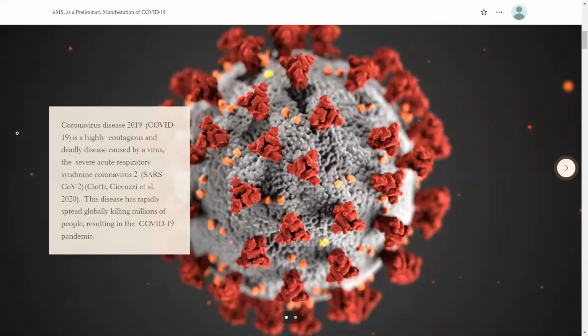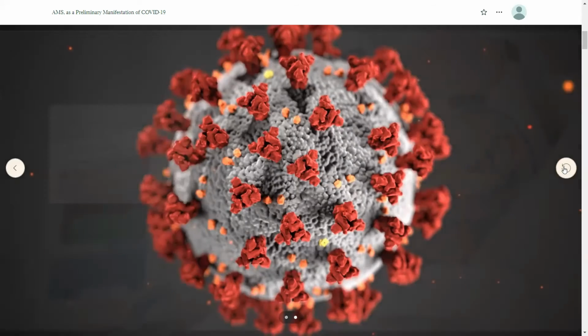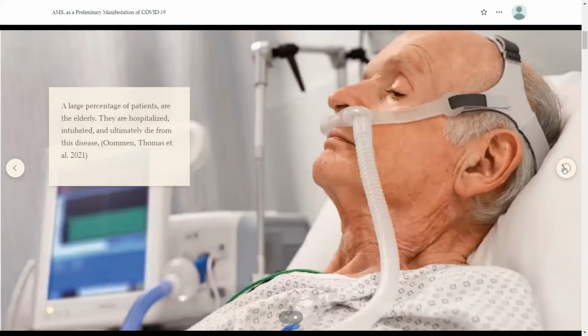The most significant health problem that is associated with COVID-19 is the severe acute respiratory syndrome. This leads to respiratory failure, leads to pneumonia, and it leads to death. Consequently, the elderly population are a vulnerable population in society, and as they get older, they develop various illnesses.